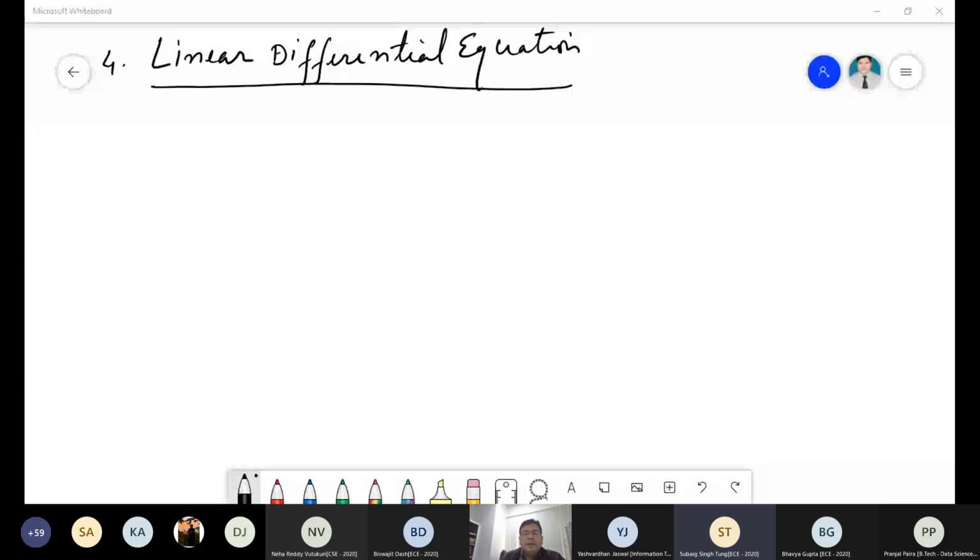My question is, when do we call the equation a linear differential equation? Sir, I have the same answer. I guess dy by dx plus Py equals Q, where P and Q are functions of x. Okay. Now you are saying this is the standard form of the linear differential equation.